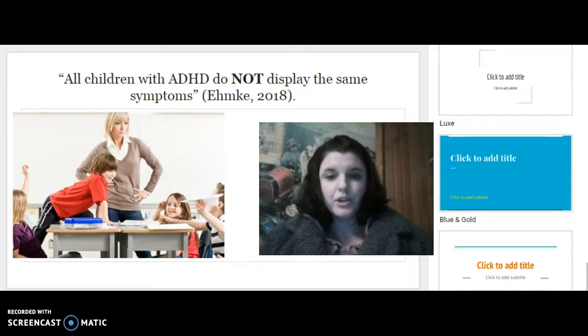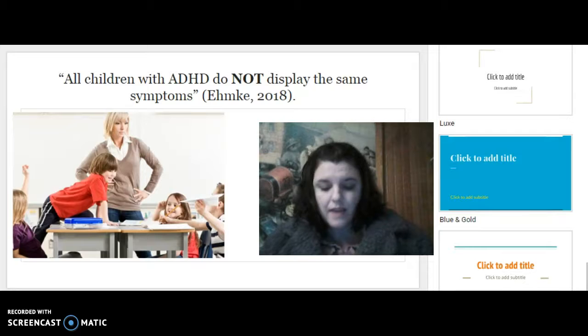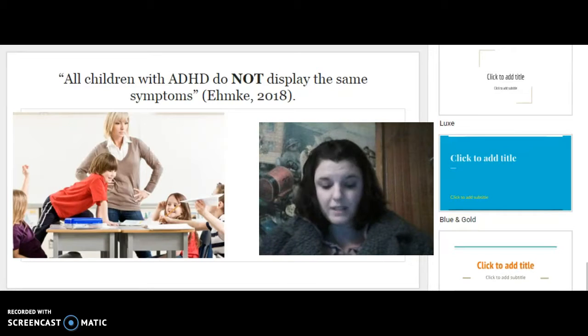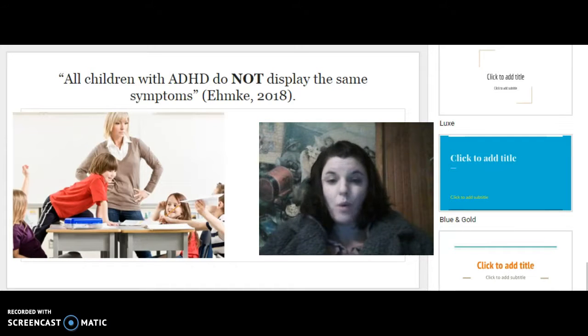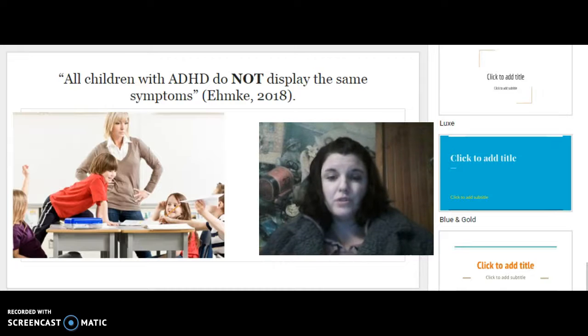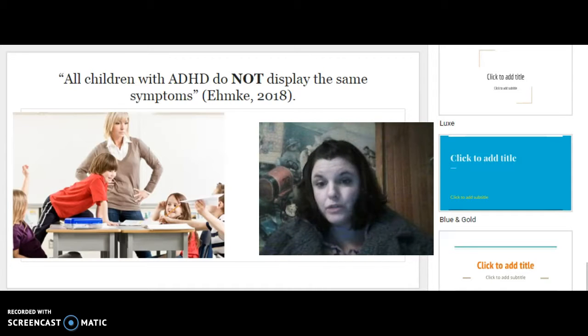This means there's not a strict set of guidelines, and that all children with ADHD do not display the same set of symptoms. You might have some children that are mostly inattentive and quiet, anxious, and then you have others who are on the opposite scale, more hyperactive, talking in class, not following directions, can't stay in their seat. But the majority of the students you're going to find are going to have a combination of the two, which makes it difficult to diagnose.